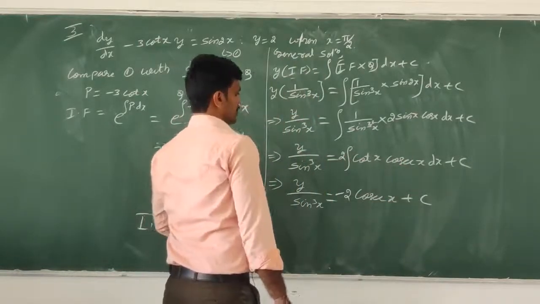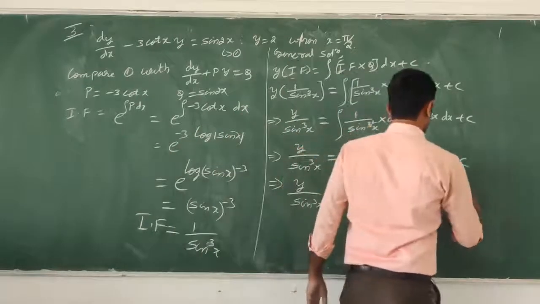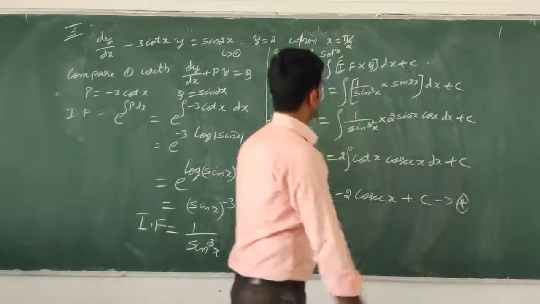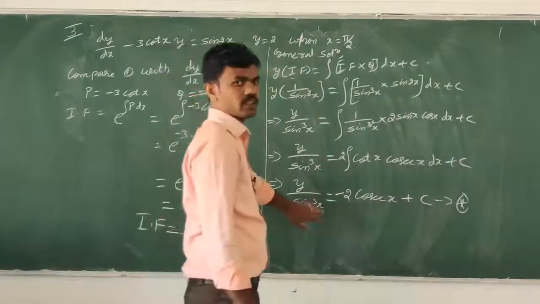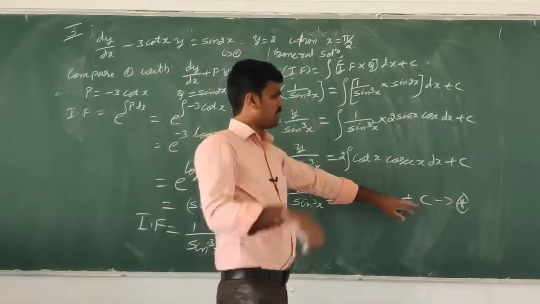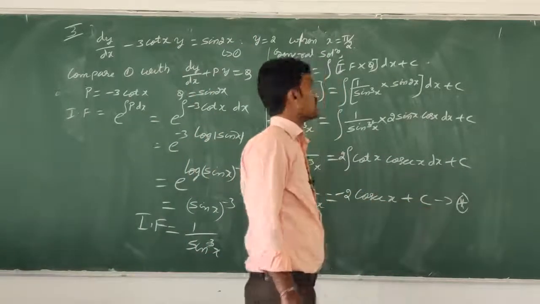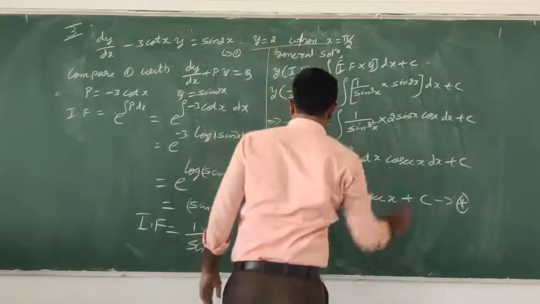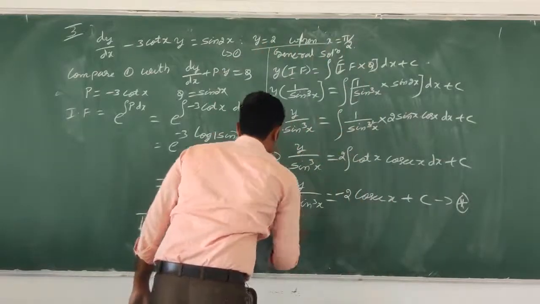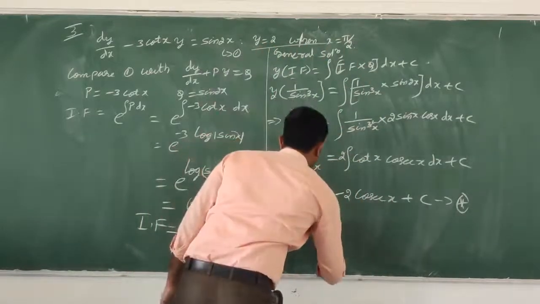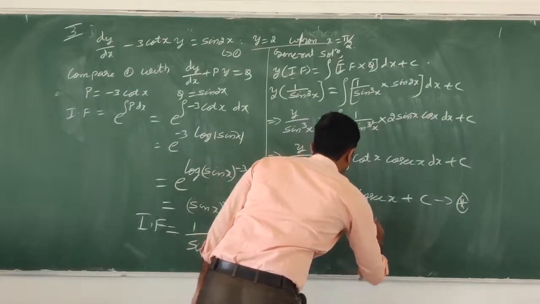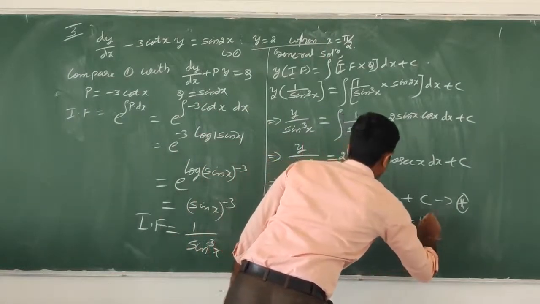Now call this equation star. This is the required general solution. Now we have to find the particular value of the arbitrary constant by using the given conditions. Given that y is equal to 2 when x is equal to pi by 2.